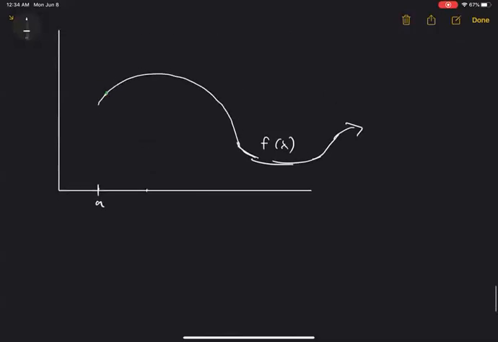Going back to this idea, if I wanted to find the arc length from a to b, let's say g of b, my arc length up to point b would be given by this formula.